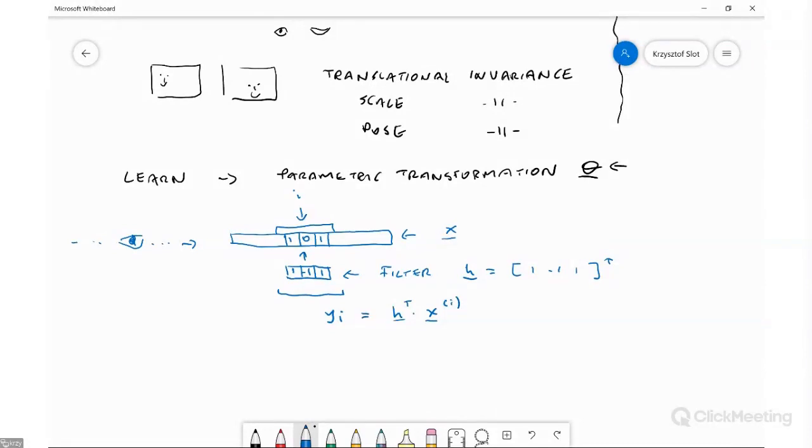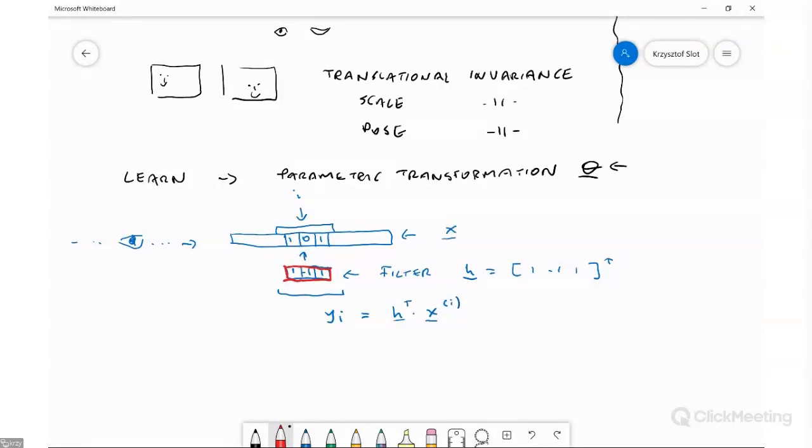And the fact that I'm using this particular vector is because I have knowledge that I'm looking for this kind of structures.